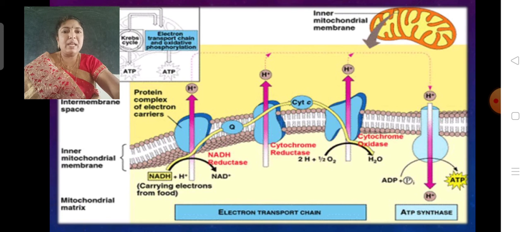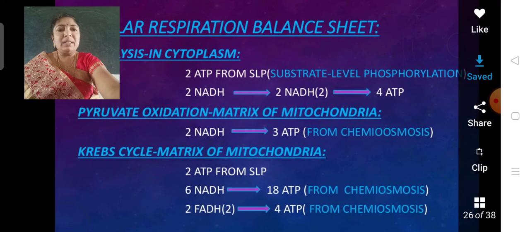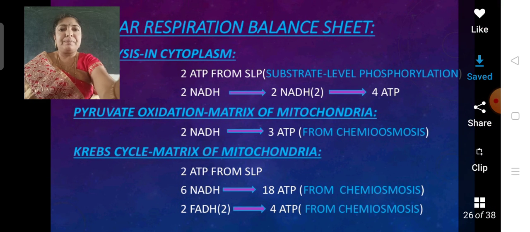So during aerobic respiration, there are glycolysis, the oxidative decarboxylation of pyruvic acid, the Krebs cycle and the electron transport. In these 4 steps the ATP are synthesized, and the net gain of aerobic respiration is 38 ATP.